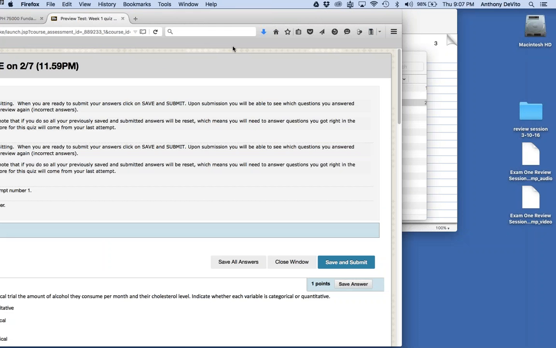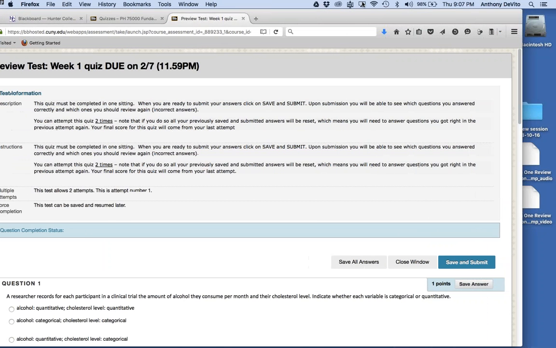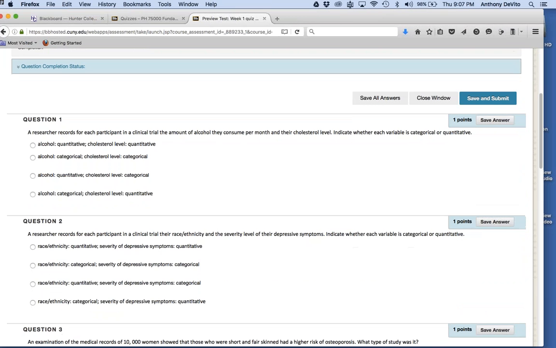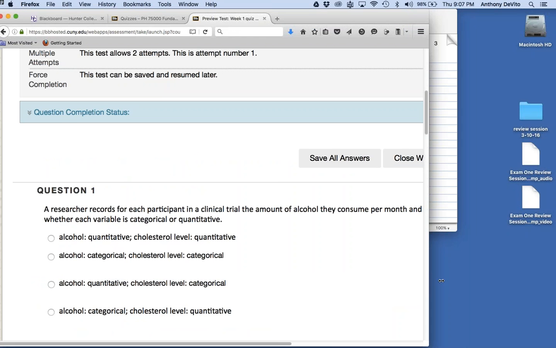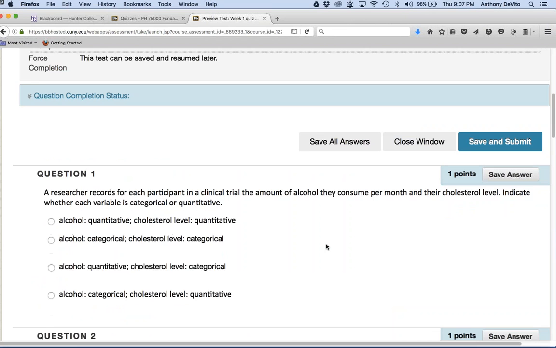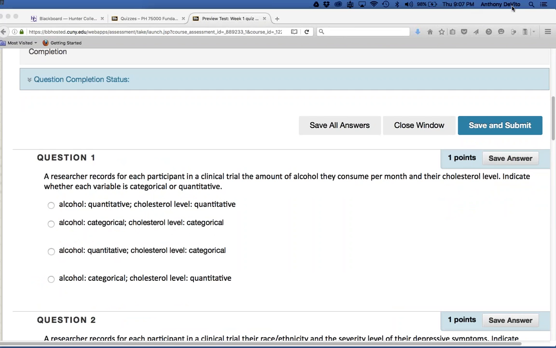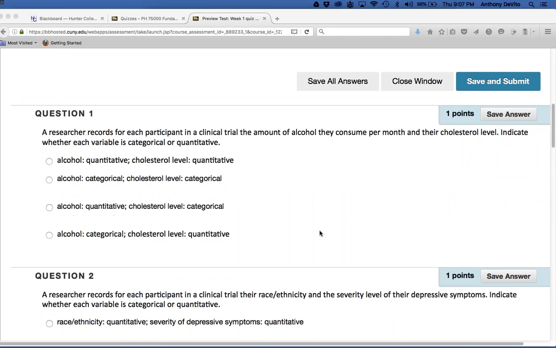Okay, a researcher records, let me see if I can blow this up a bit. I have to keep it wide. A researcher records for each participant.